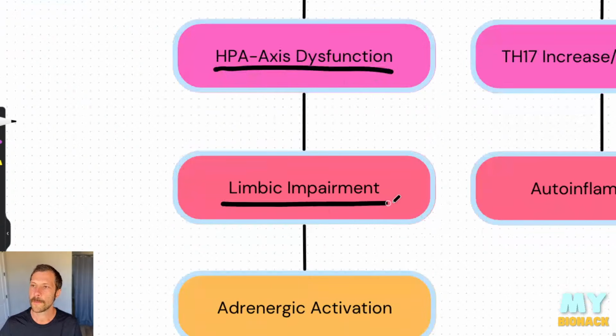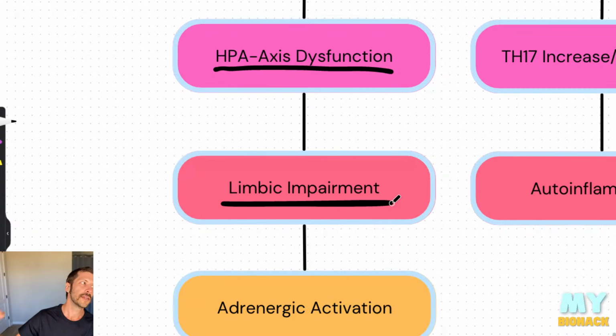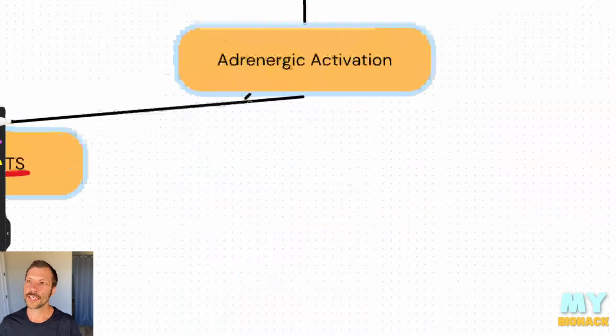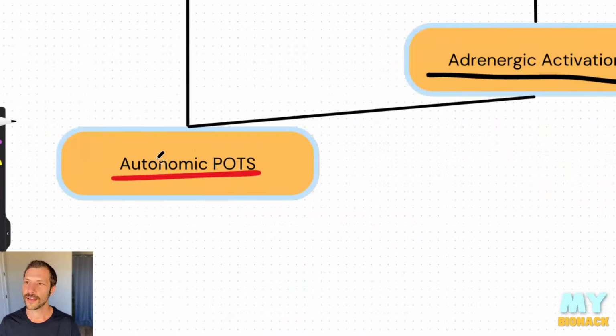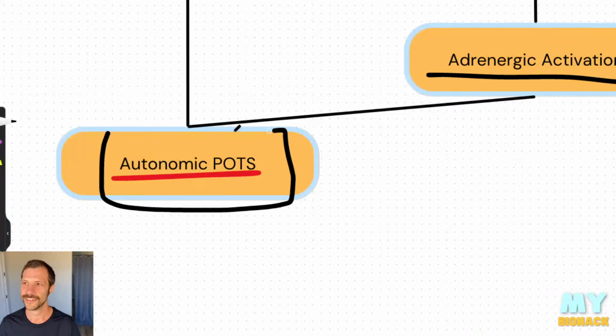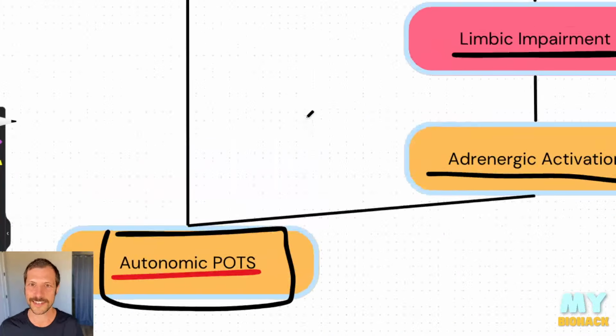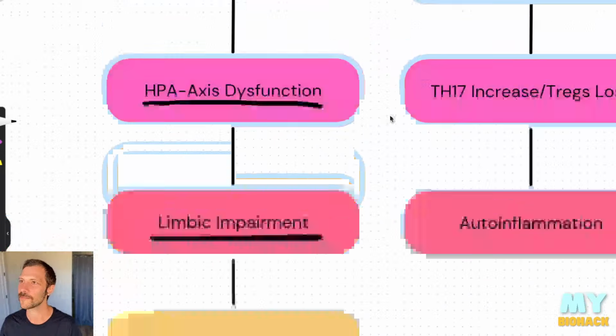And that causes impairment of your limbic system, essentially the cingulate gyrus, which regulates emotion, and the hypothalamus, which is able to regulate your autonomic nervous system, and which talks to the pituitary, your hippocampus, which is able to form memories and recall memories, and your amygdala, which is like that fear center. That also leads to adrenergic activation, and you get autonomic POTS. All right? Are you starting to see some trends or similarities here?